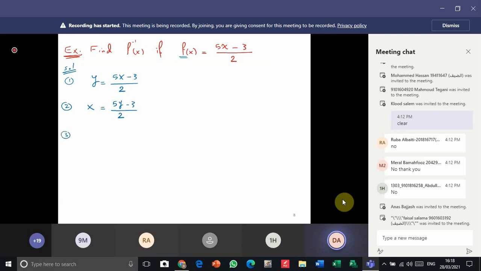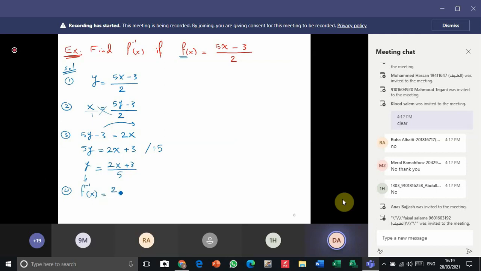So the third step, firstly, this is over 1, so we have 5y minus 3 multiplied by 1 and x multiplied by 2, so we have 2x. Move the negative 3 to the other side, so we have 5y equals 2x plus 3. Divide by 5, so we have y equals 2x plus 3 over 5. The last step, just replace y with f inverse. This is the value of f inverse.